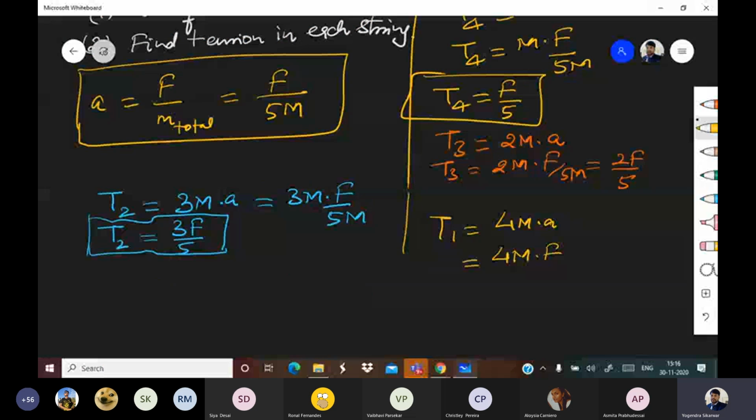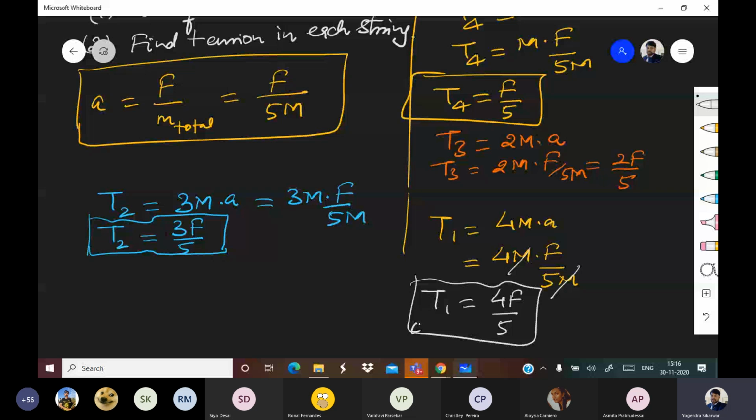M got cancelled. T1 comes out to be 4F by 5, and that will be the answer.